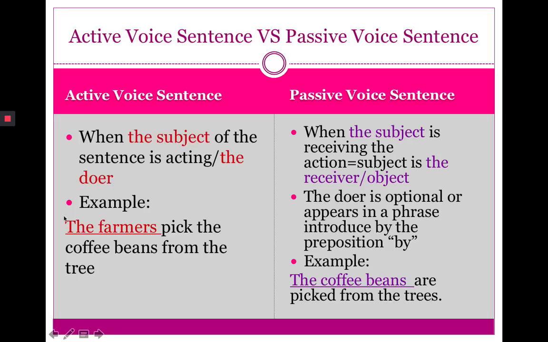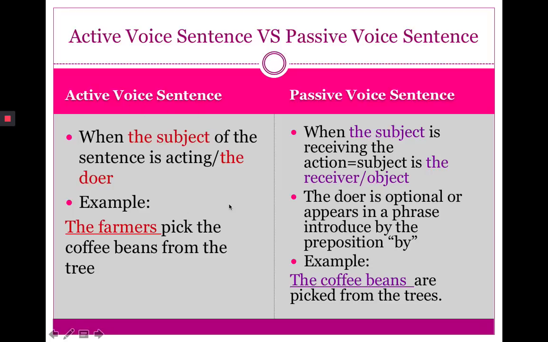So when you have the subject who is actually acting, the person who performs it, this is what we call an active voice sentence. We have subject, verb, and object at the back: who performs it, what is the action performed, and what is the receiver of the action. That is an active voice sentence.